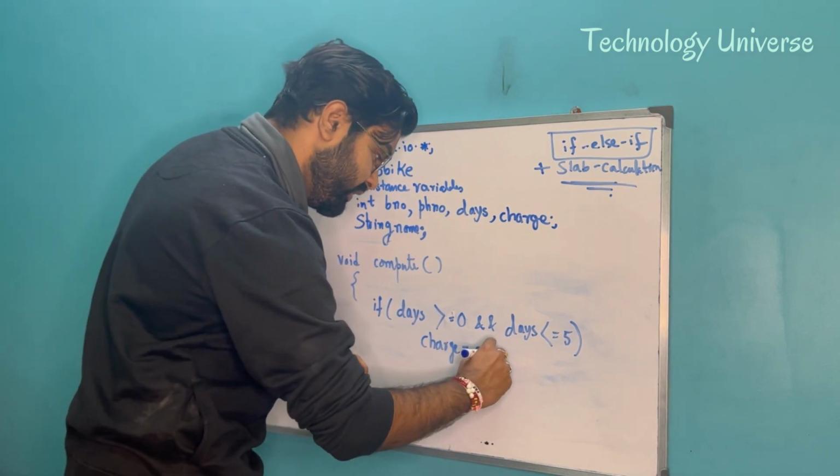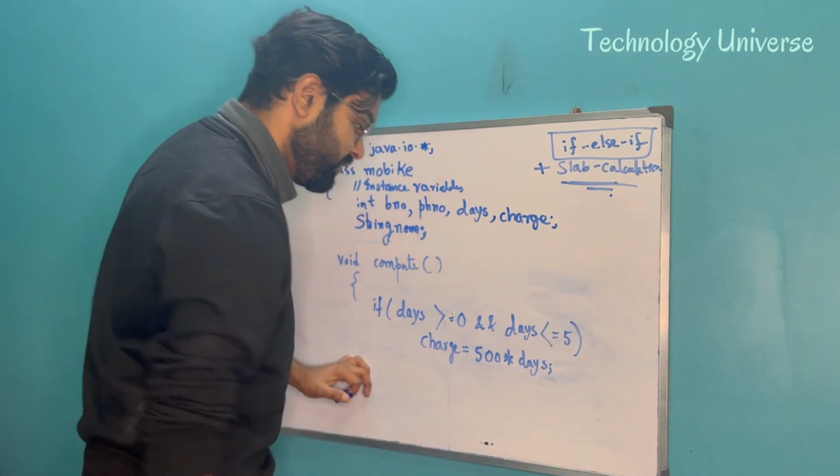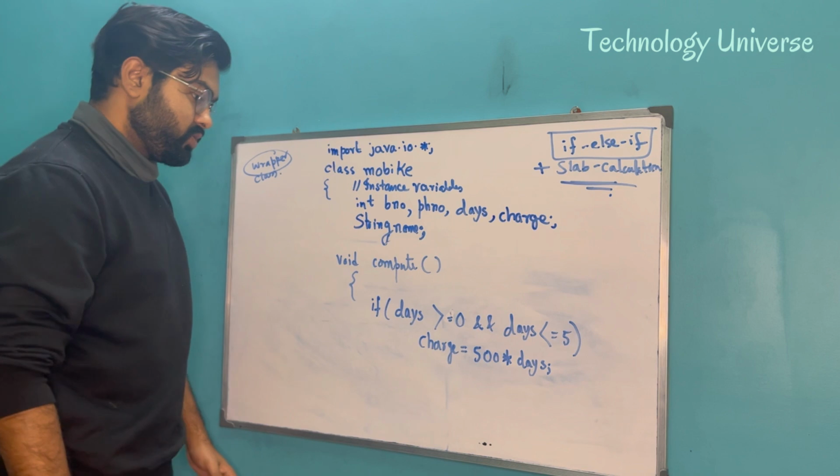So 500 into days, whatever would be the days into 500 would give us the rental charge. Okay. So this is simple.